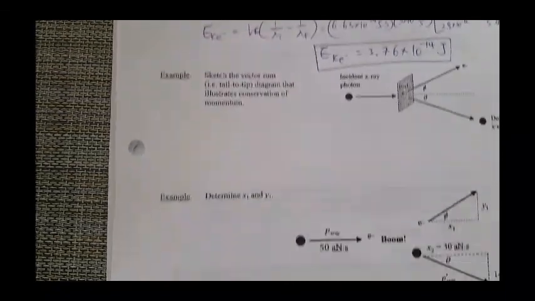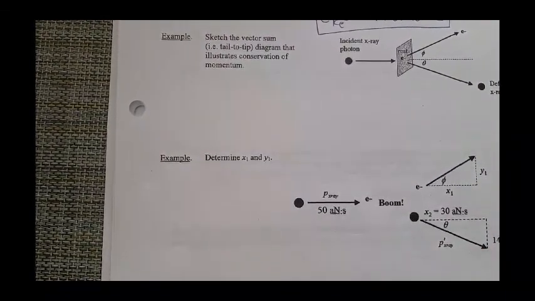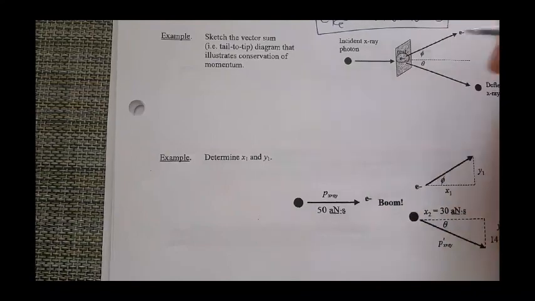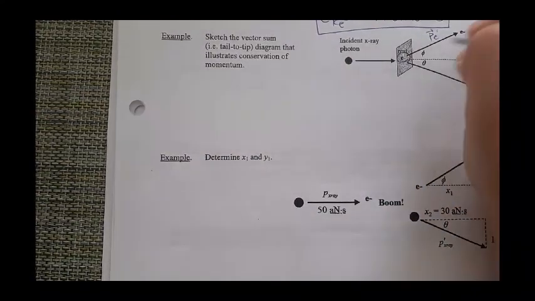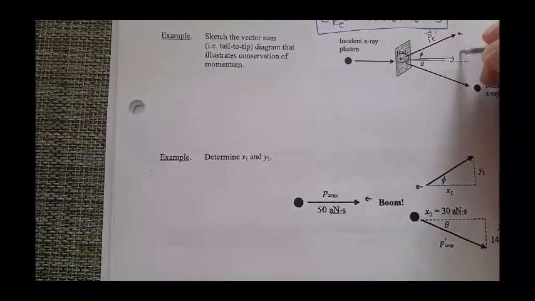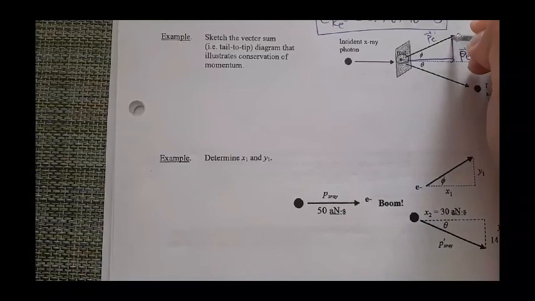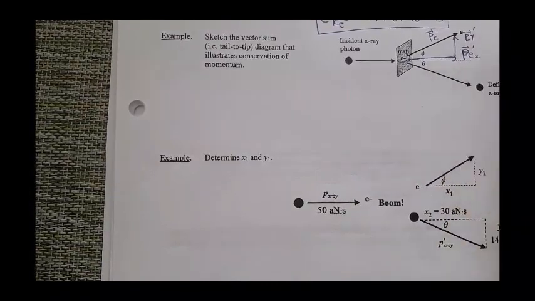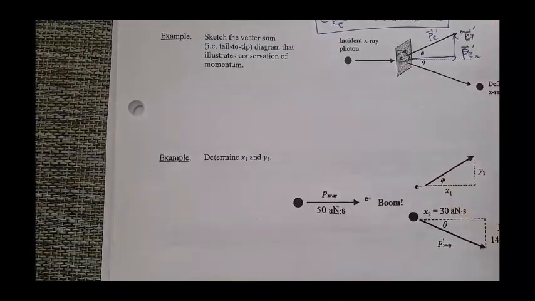Right, let's go with the momentum perspective. Sketch the vector sum diagram that illustrates conservation of momentum. Well, this is an easy part because the electron, if you think about the momentum perspective, I'm going to call P E final. You need to understand that it has P E X and then P E Y, those two components.